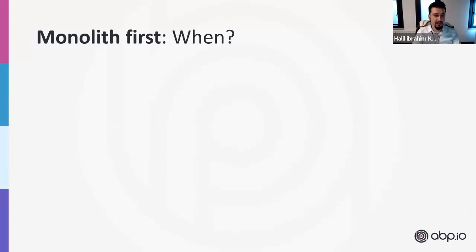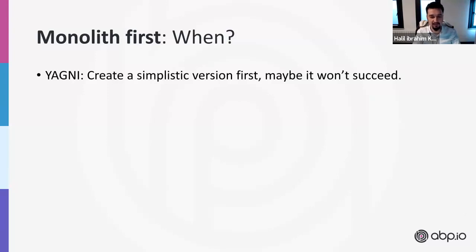So when to start with a modular monolith? There are some reasons. You know the YAGNI principle, maybe you will not succeed. Maybe your project will not succeed. So you may create a simplistic version first as a monolith and see whether it succeeds or not.